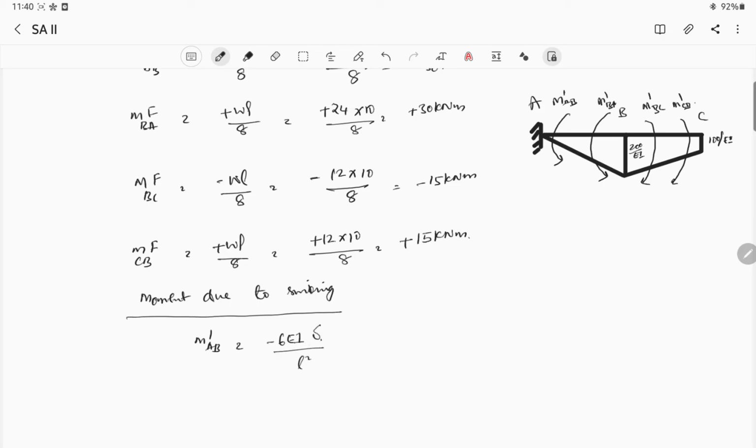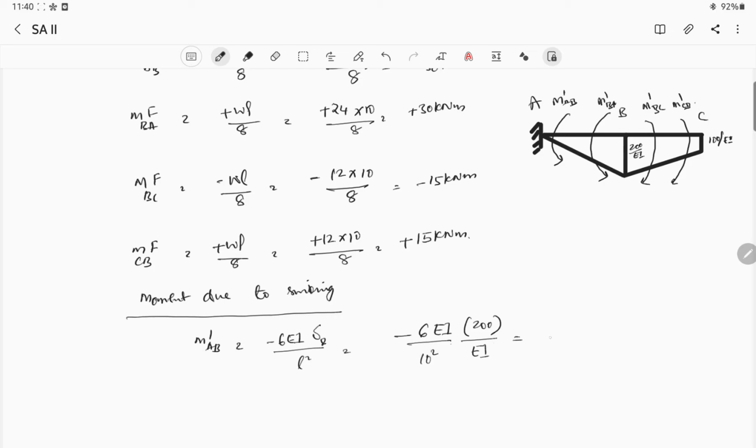Remember this one? So 6EI delta by L square, you will get the value as minus 6EI, delta is 200 by EI, whole divided by L square, so 10 square.